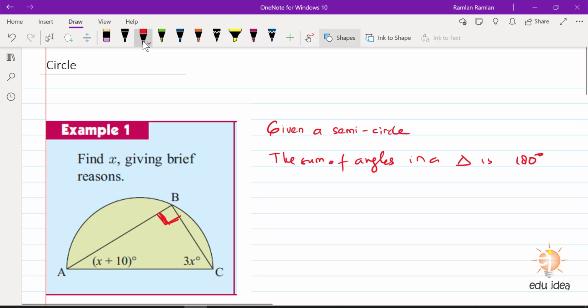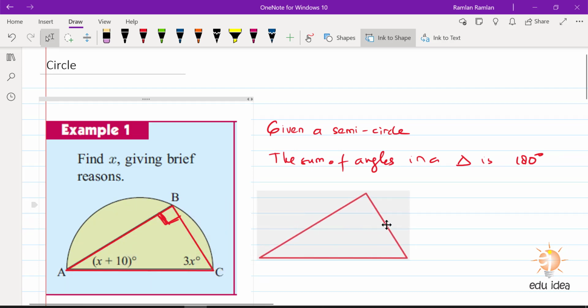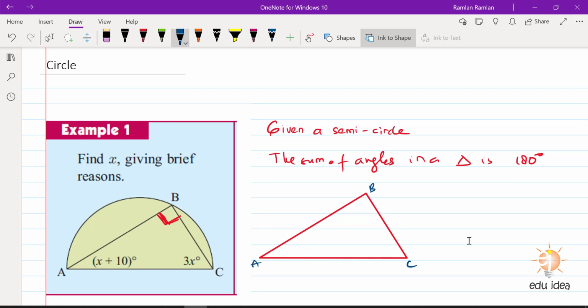Let's take that triangle and move it somewhere else. I'm going to try to make that as accurate as possible. So I'm going to move it here, for example. We have point A over here, point C, and point B, and this is 90 degrees.